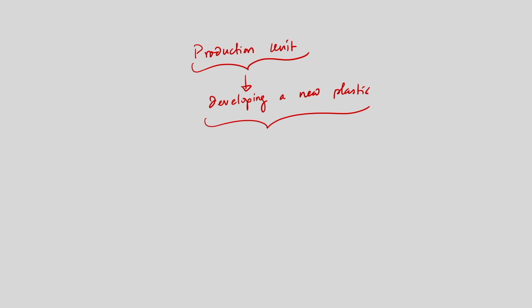So, the objective is that from the manufacturing unit, when we are trying to go for a new product, obviously we should have our planned objectives, and only for that we are planning to have a new product.